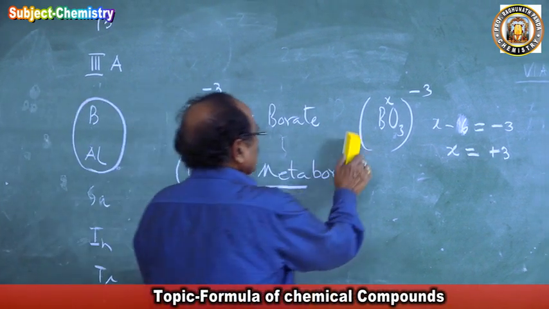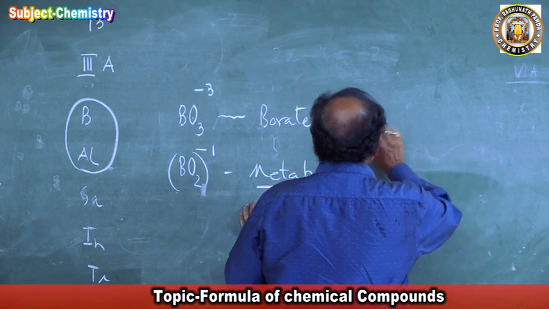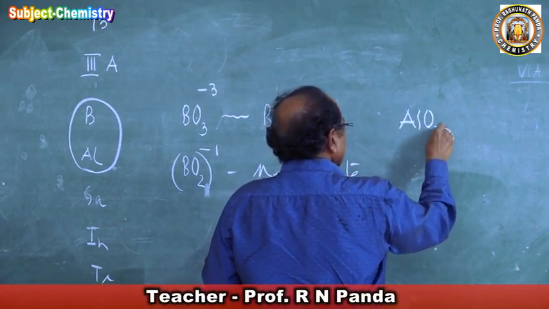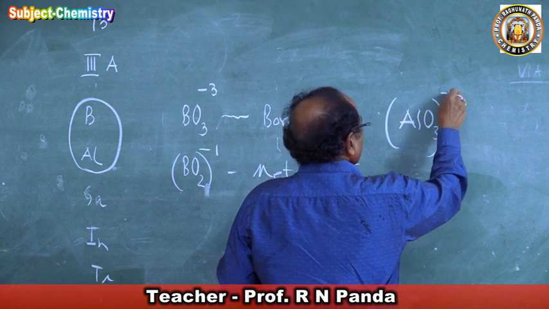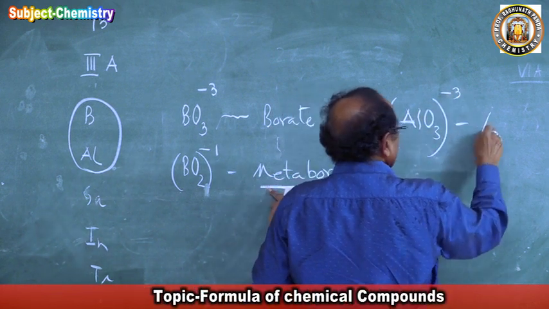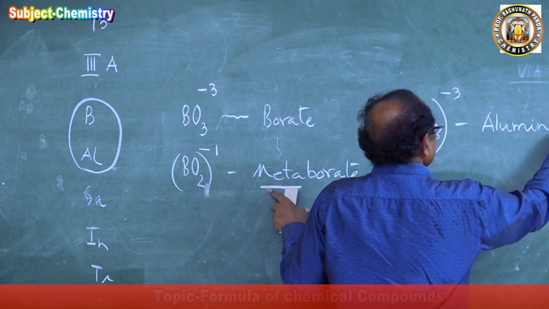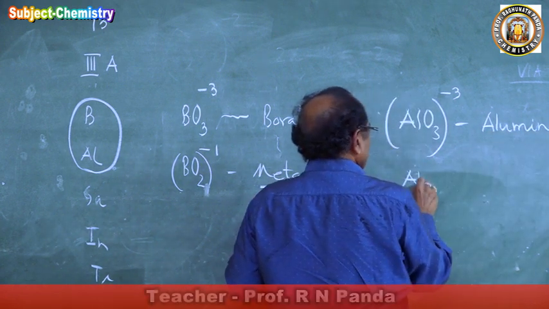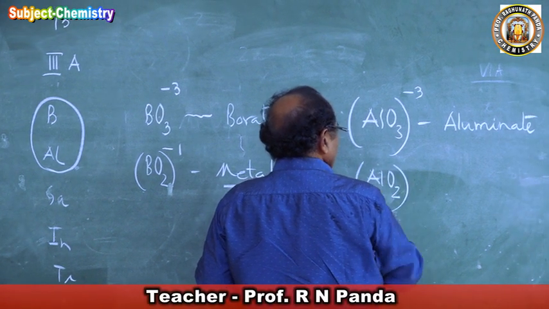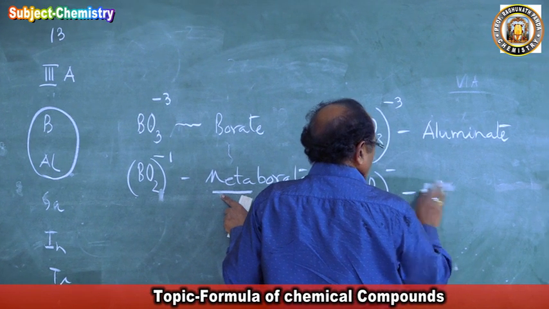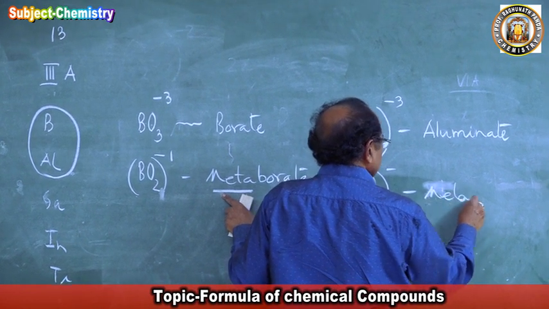Now if you come to aluminium, it also forms AlO3 minus 3. It is called aluminate. And it forms AlO2 minus 1, called meta-aluminate.